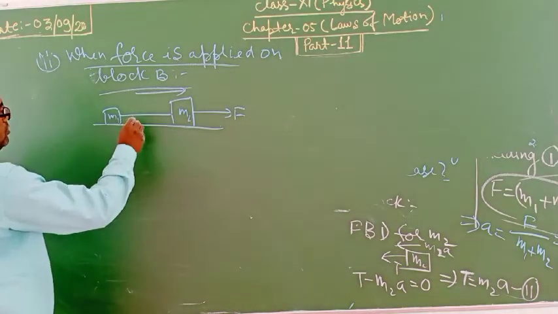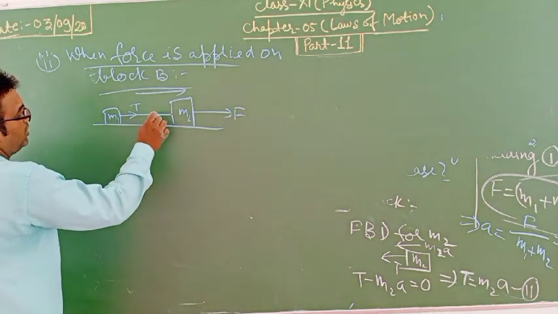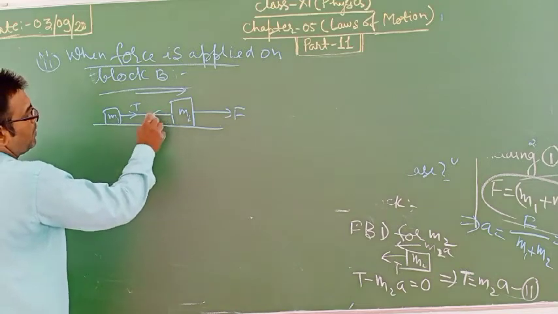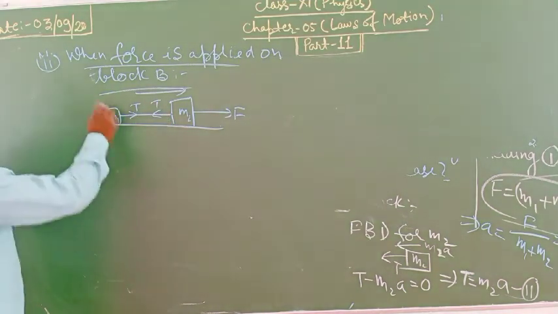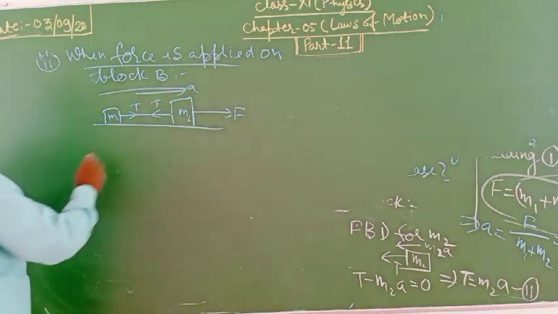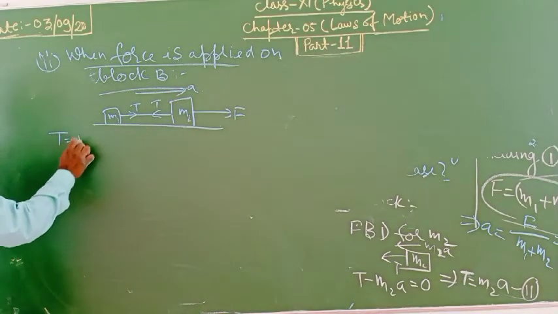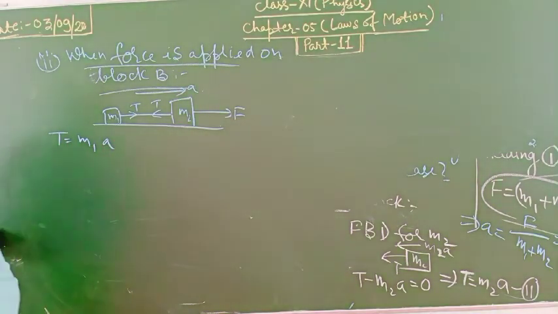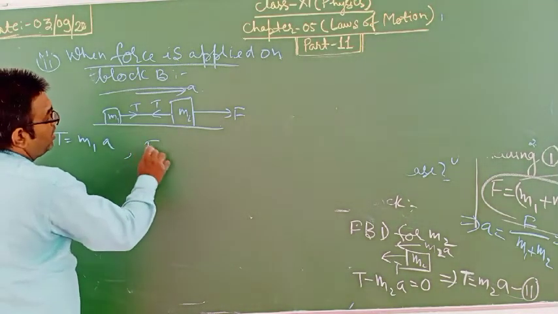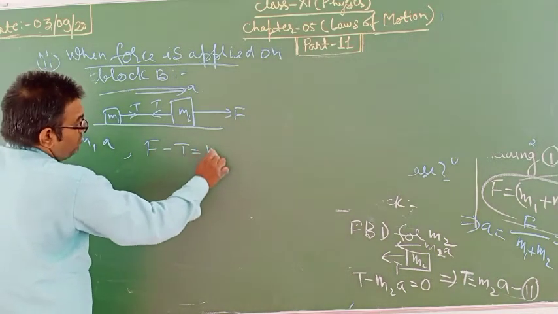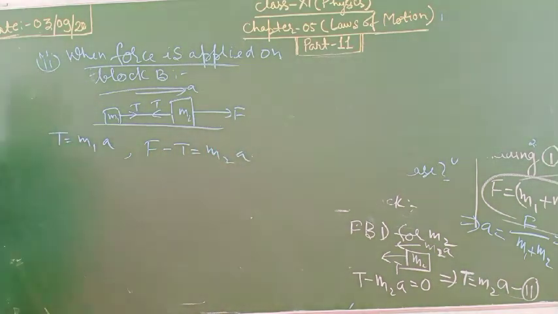So for body A, T is equal to M1A, and for body B, F minus T is equal to M2A.